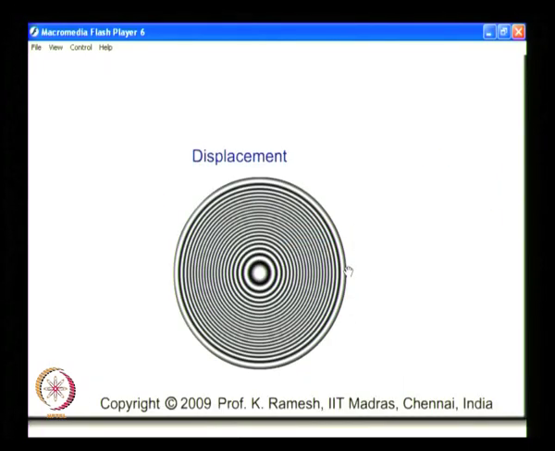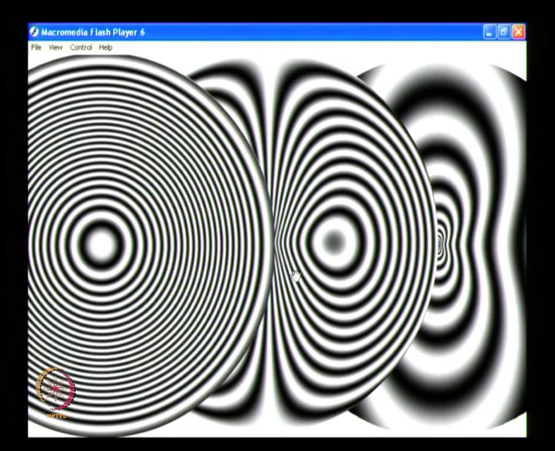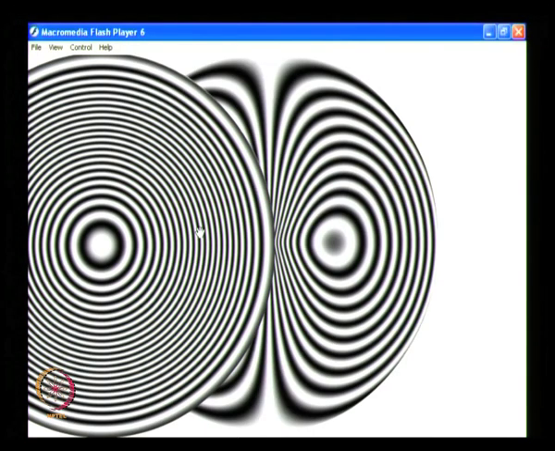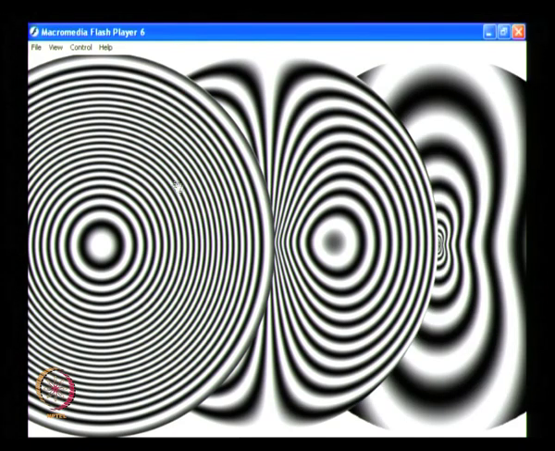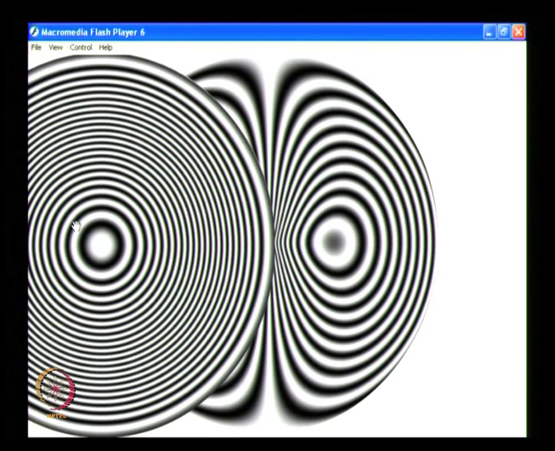techniques like moire, holography or shearography to reveal various fringe patterns, and you find here this as the out of plane displacements.